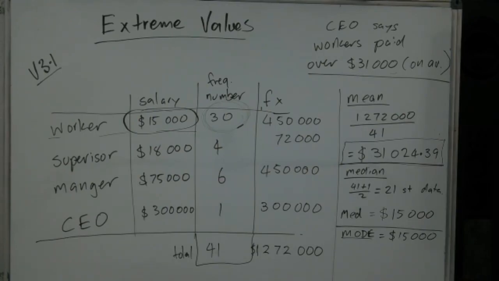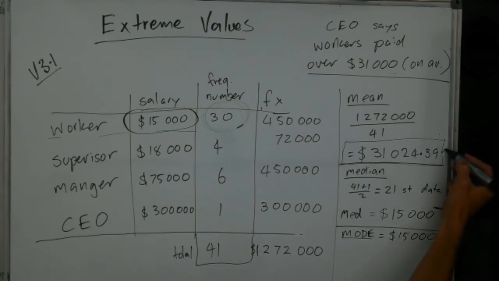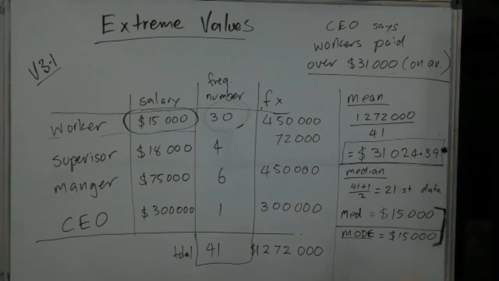So, looking at what the worker said, the worker in the factory thinks that the CEO's claim is dishonest. In fact, the employees are poorly paid. So, because these two numbers are together and the same, and they differ from this one quite a lot, that is an indication that maybe we have an extreme value.